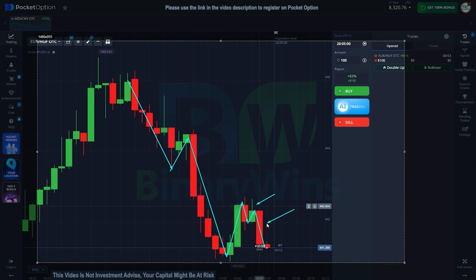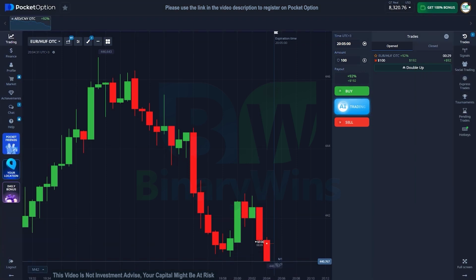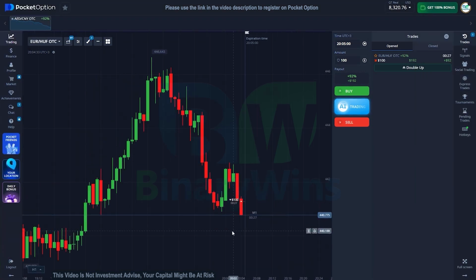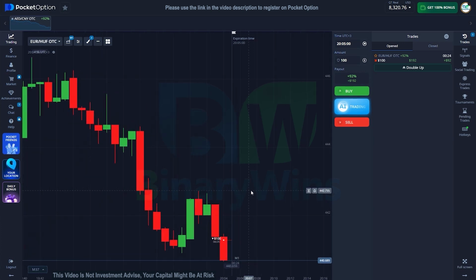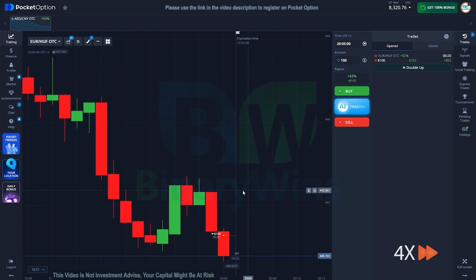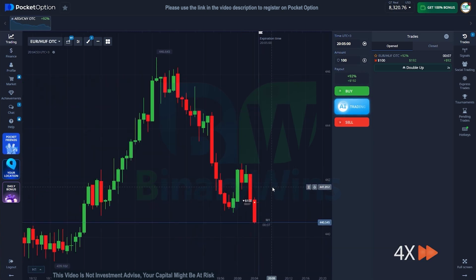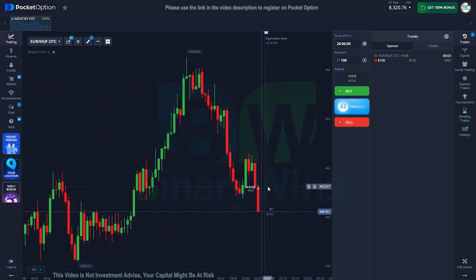We have a strong red candle and a gap and distance to the next level. That is why I entered the lower trade. Very good.